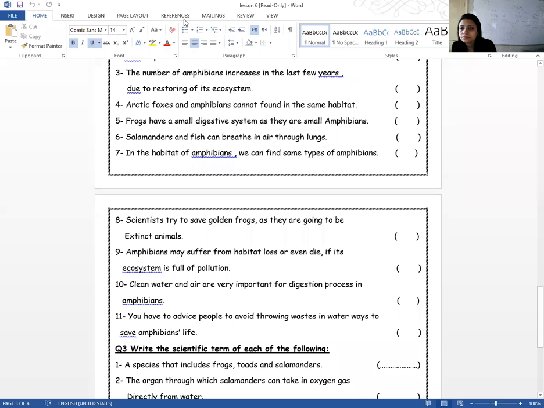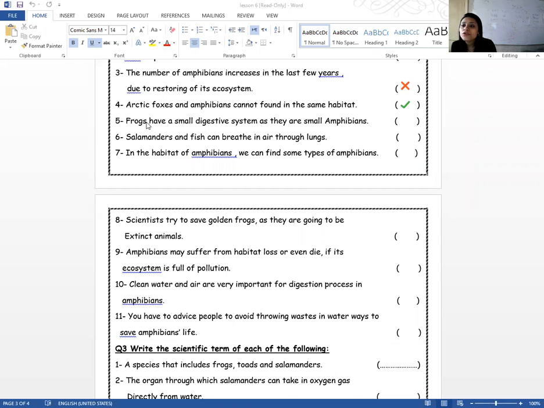Number 3, the number of amphibians increased in the last few years due to restoring of its ecosystem. Increase? No. Number 4, aquatic frogs and amphibians can be found in the same habitat. Right.